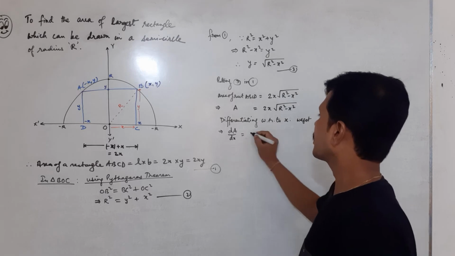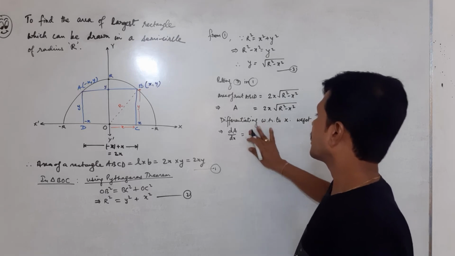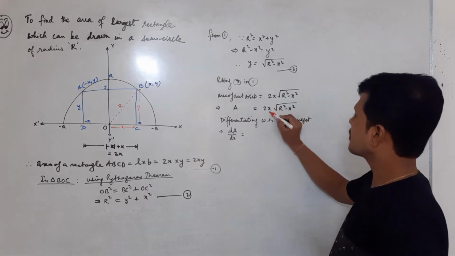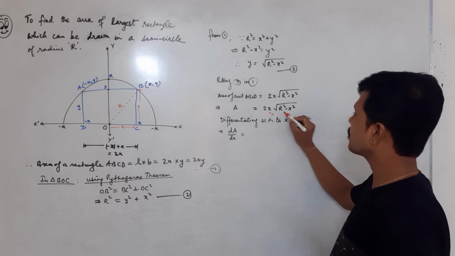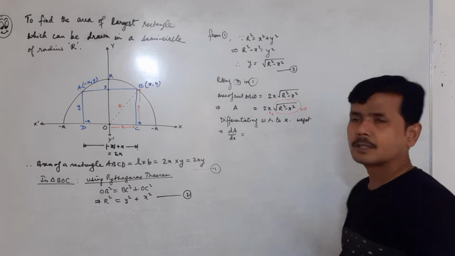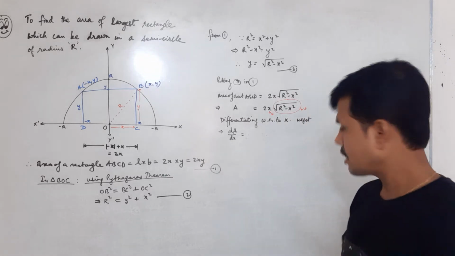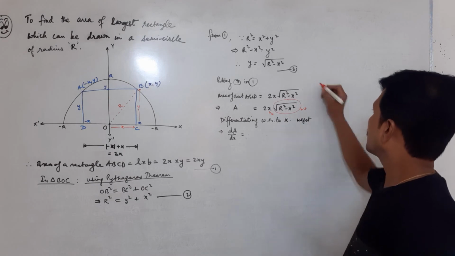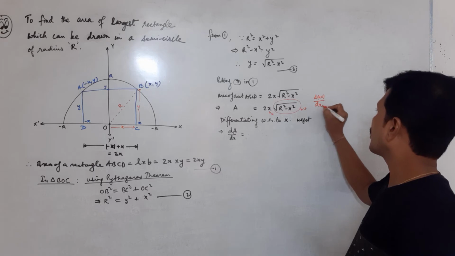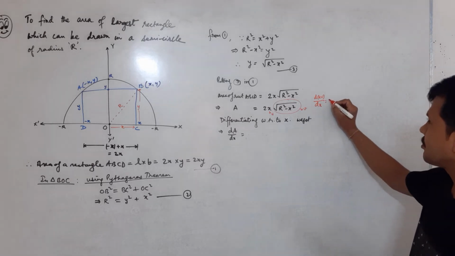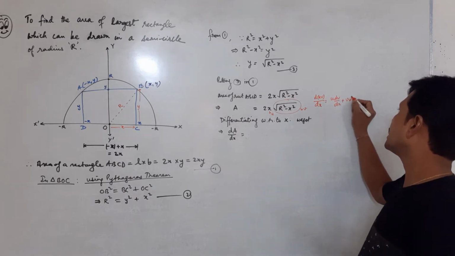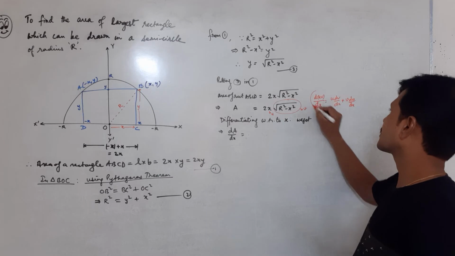See over here, when I am differentiating, I am going to use the product rule, because x is equal to u, and this total I am considering as v. And the product rule is u dv by dx plus v du upon dx.